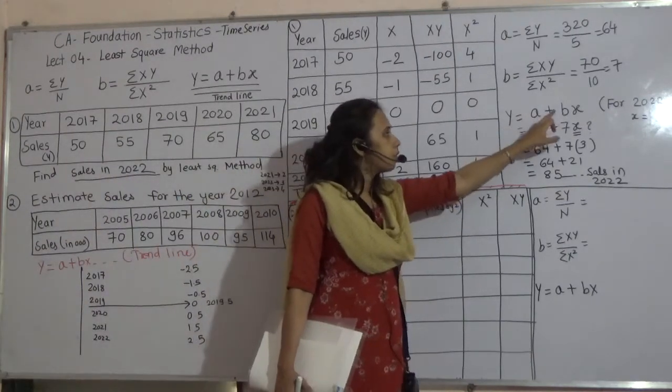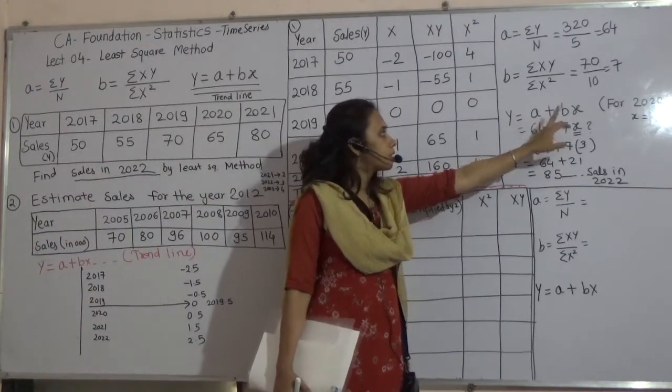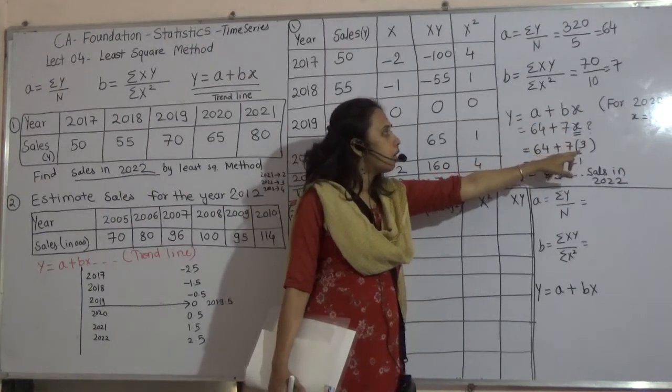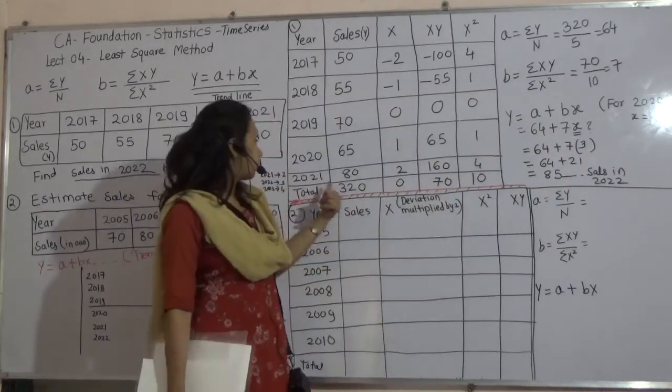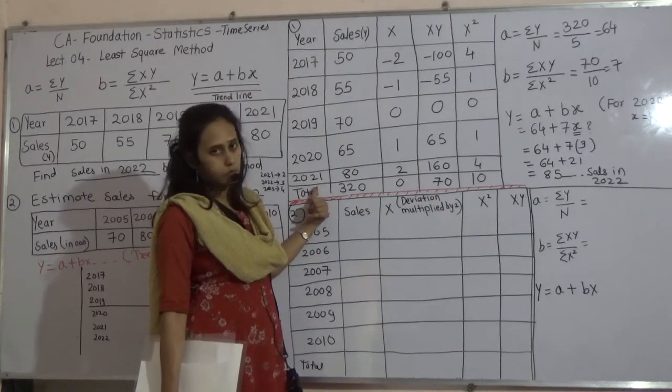Y is equal to A, we know. B, we know. X is for which year? Whatever the year has been given. Here it is, they have given 2022.